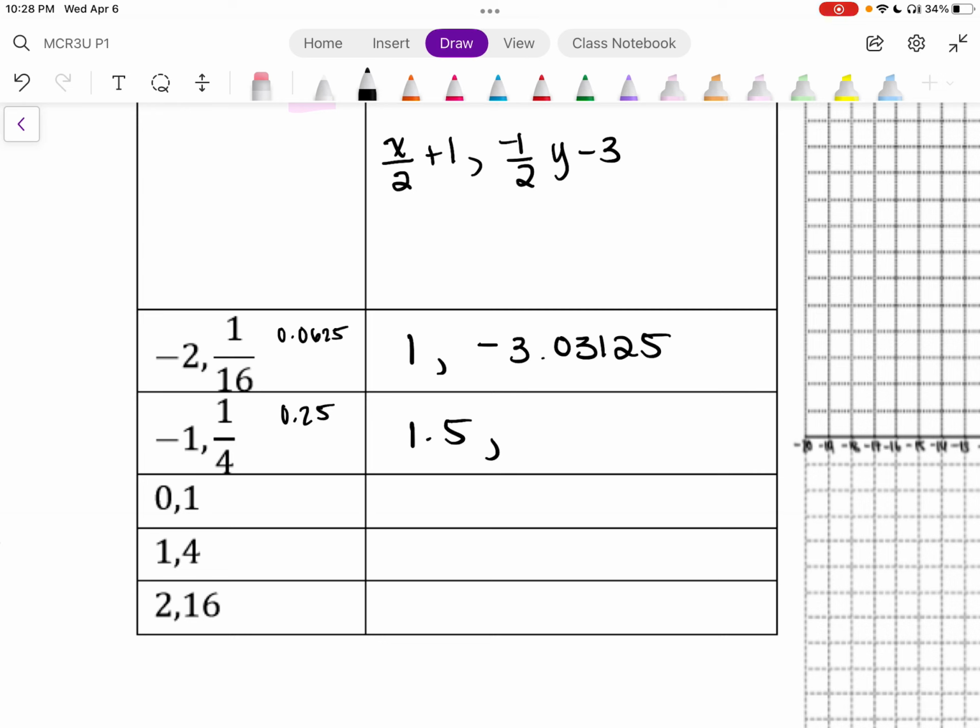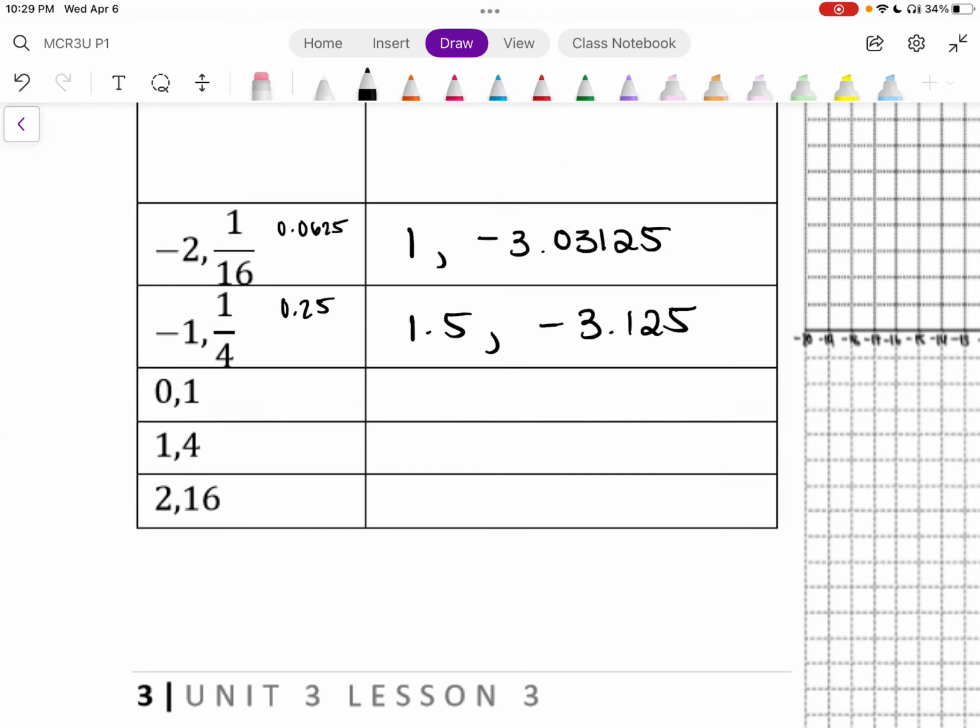And my y is 1 over 4 divided by negative 1 half, which gives me negative 1 over 8 minus 3, which is negative 3.125, right? Then I have 0 divided by 2, which is 0 plus 2, giving me 2. Then I have negative 1 over 1 minus 3, which gives me negative 3.5.